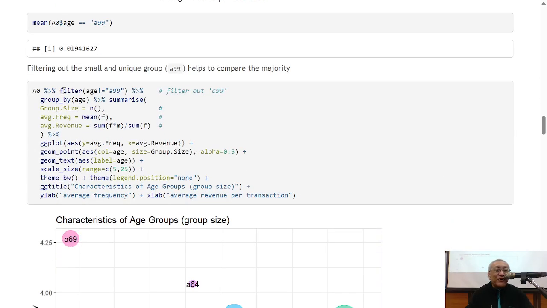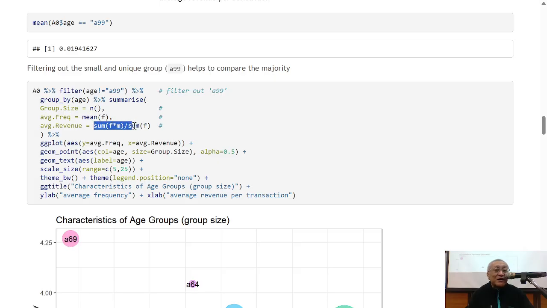In this code, I filter out this A99 first, before I do the group by and summary, right? Okay, I group by age, and then I summarize the group size, right? And I summarize the average buying frequency, and I summarize the average revenue, right?